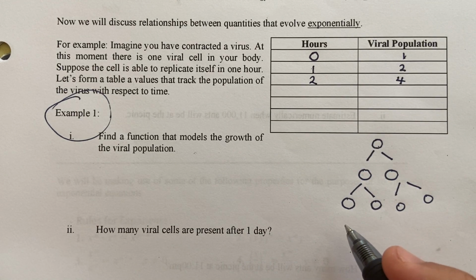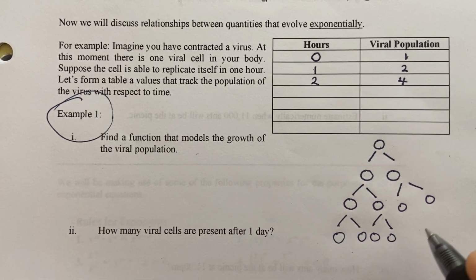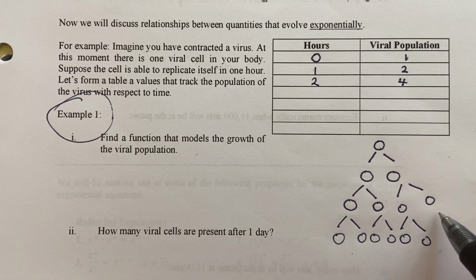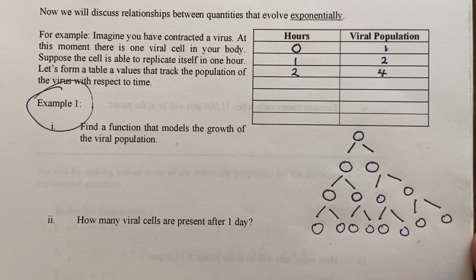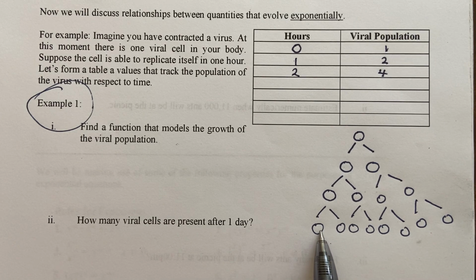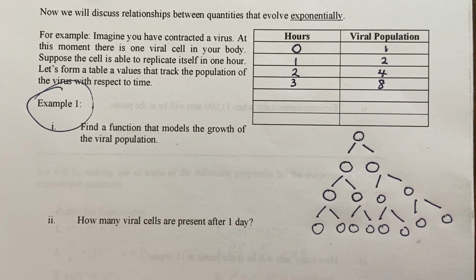Okay, if I just draw another line, each of these cells now replicates itself in another hour. Okay, so I'd have 8, right? Now 8. So after the third hour, I would have 8.